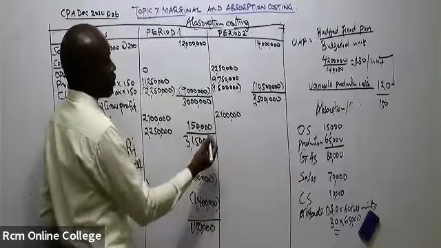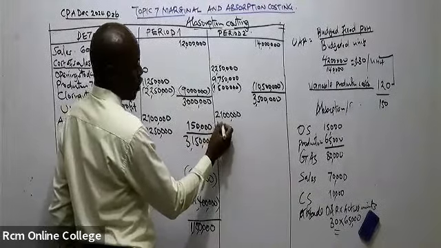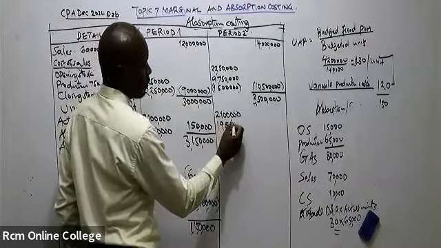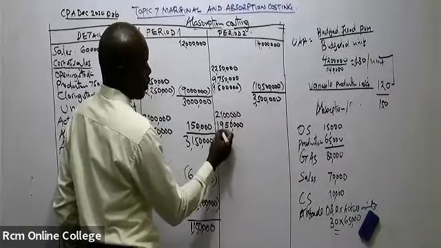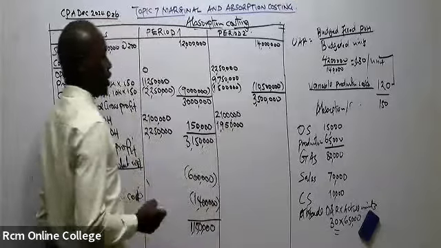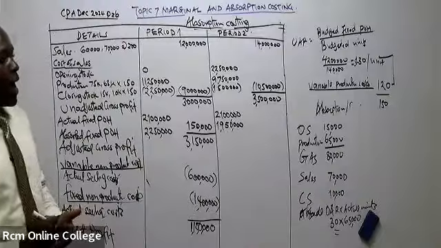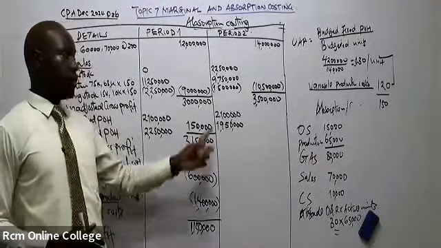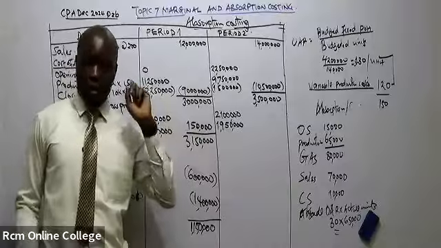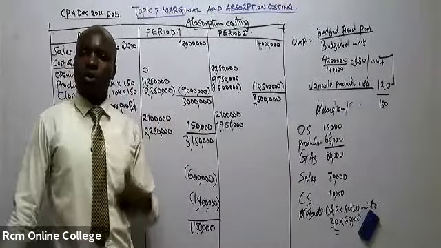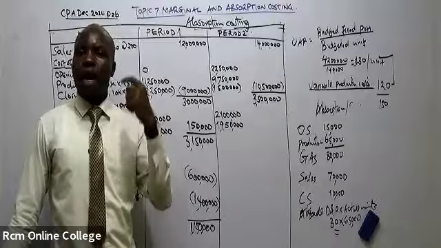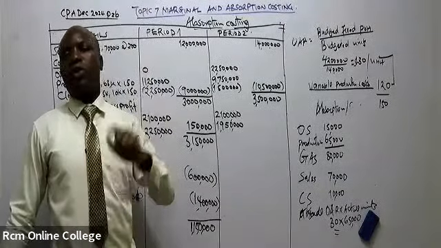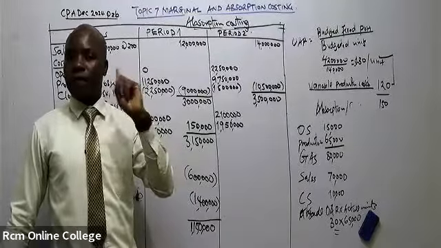So the overheads absorbed into the production process is 1,950,000. Good. The actual fixed production overheads is 2,100,000. What was taken into the production cost is only 1,950,000.